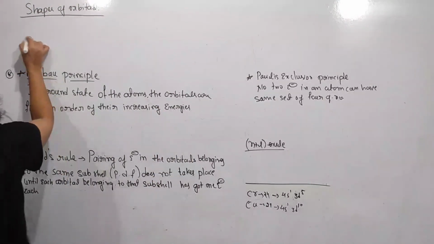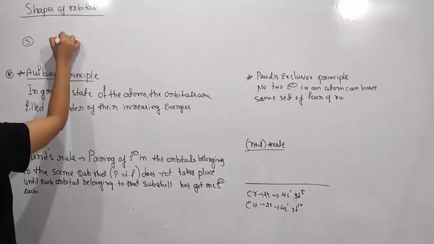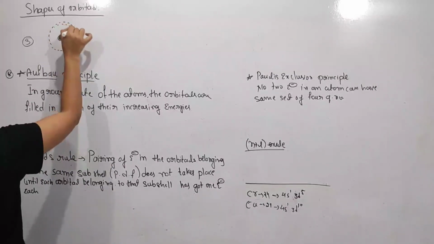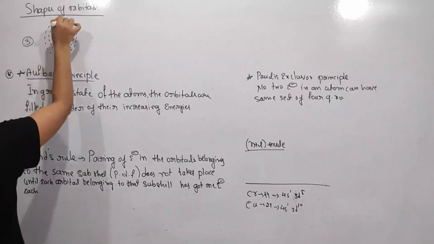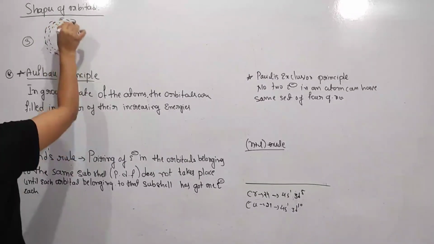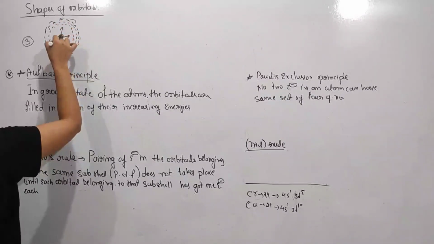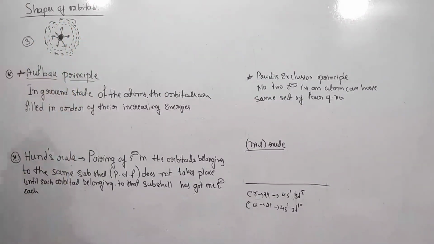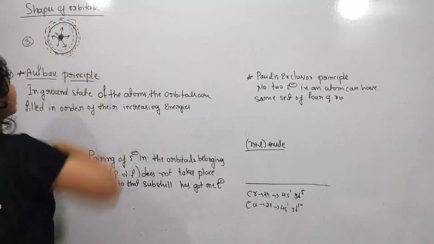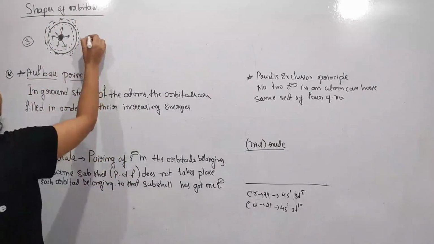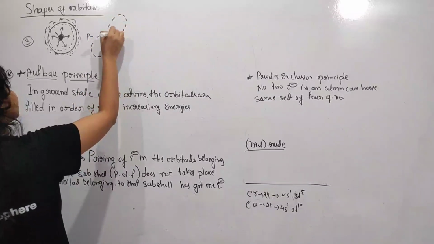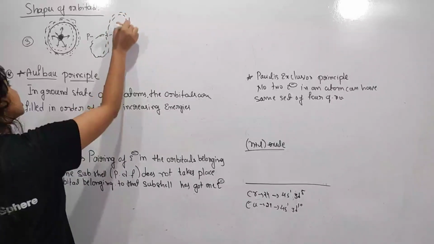In an s orbital, this is our nucleus, and we find the electron density, or the probability density, like this. This density is equal in all directions with respect to the nucleus. Then we decide the shape of the s orbital is spherical. Likewise, we get the probability density in a p orbital in dumbbell shape.